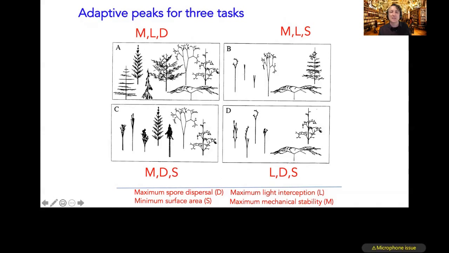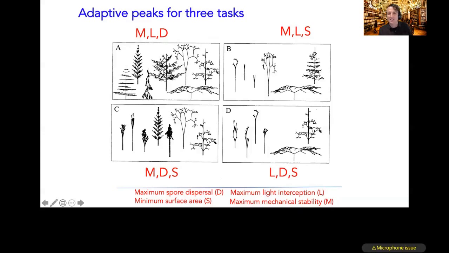These are adaptive peaks if you let natural selection try to maximize three different tasks. So again, M, L, and D in this case is M, maximum mechanical stability, L being maximum light interception, and D being maximum spore dispersal. These are phenotypes that do really well at three different tasks.